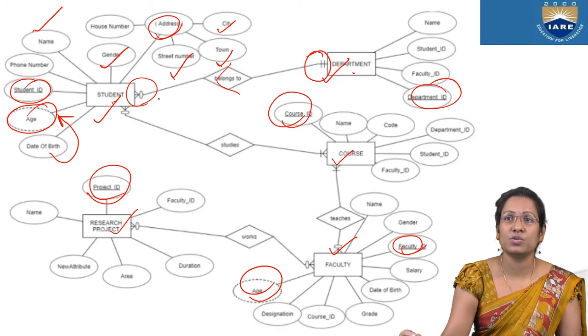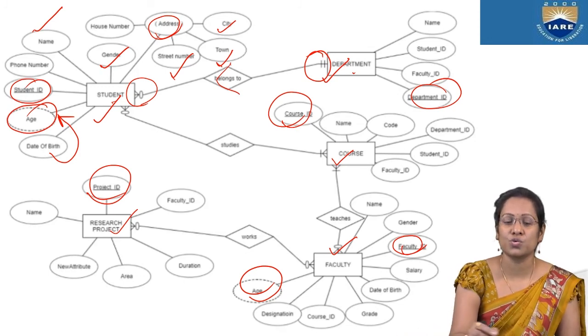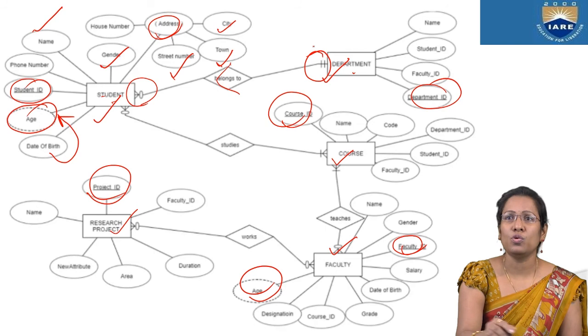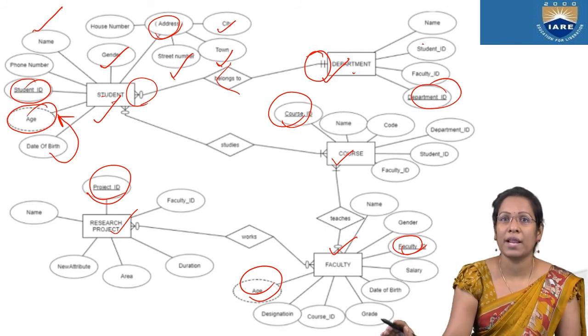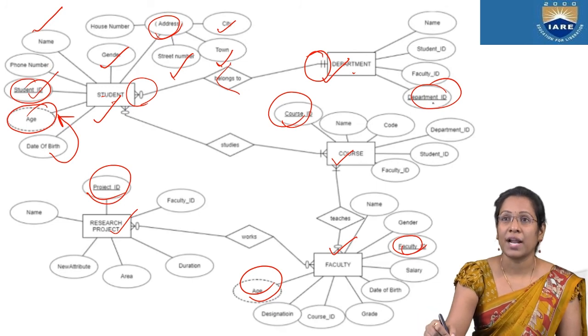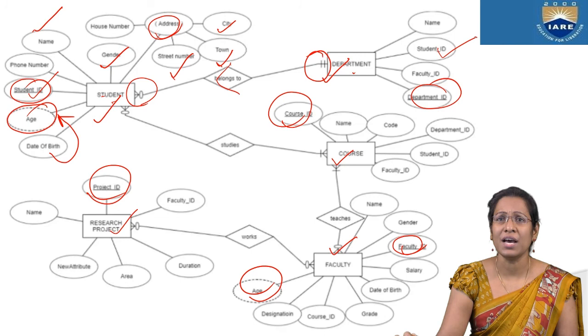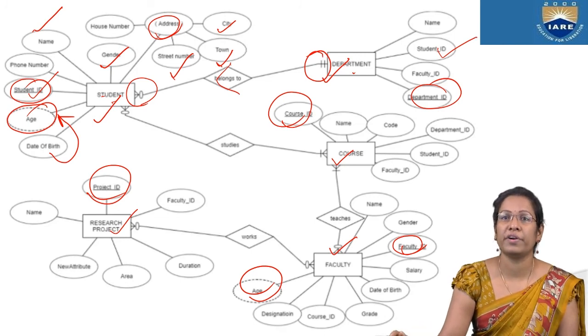So the department can contain 0 or many students. That is the relationship between the student and the department. In order to relate these two, the 2 entities should have a common attribute. The common attribute is student ID in the first entity, and here also student ID in the second entity. So these 2 form the relationship between 2 different entities.